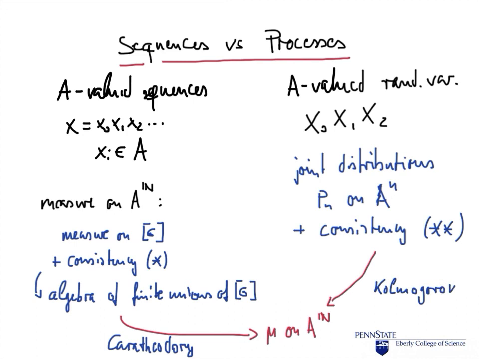If the values of the Pn are the same as the values here of the measure on the cylinders, then you arrive indeed at the same measure. So it's two different perspectives, but we arrive at the same concept in the end, a measure on the sequence space. And we will now frequently switch between the two points of view, between the process approach and the sequence approach here.